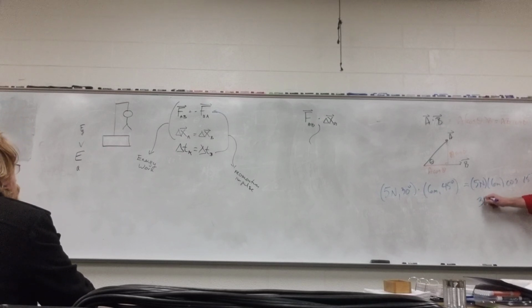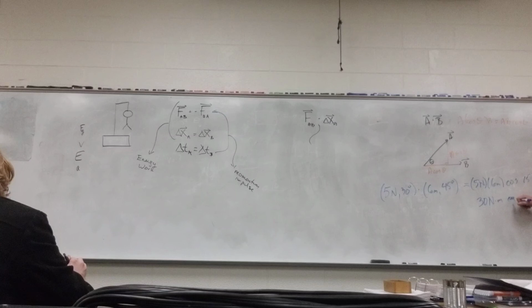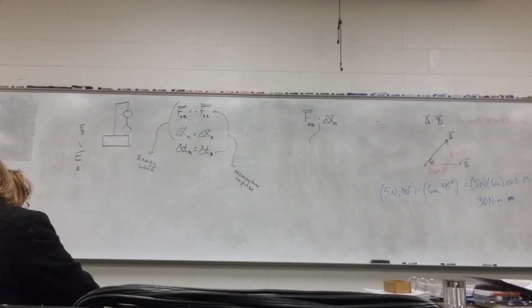So 30 Newton meters times whatever the cosine of 15 degrees is. Should have made something nicer. The cosine of 15 is 0.966, and it's 28.977.